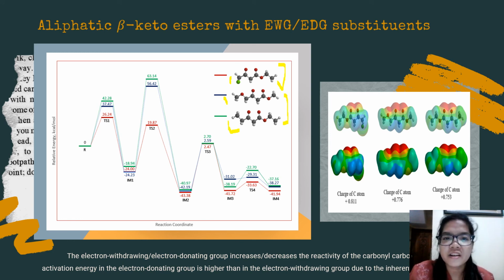Here, the calculated charge for the electrophilic C atom increases from 0.466 to 0.811, 0.766, and 0.753. Therefore, the reactivity of the carbonyl carbon of the ketone is affected by the substituents.